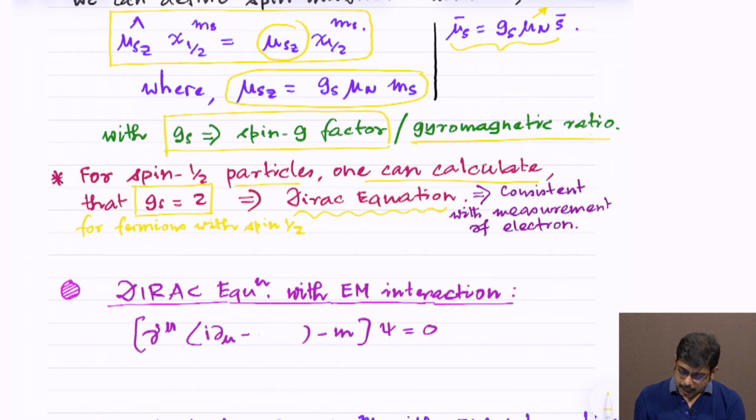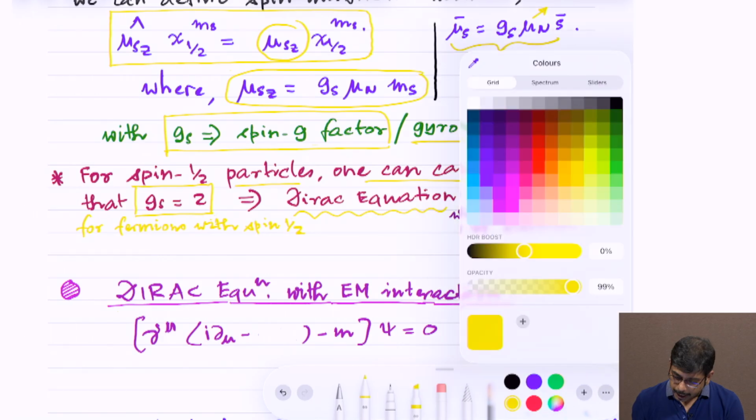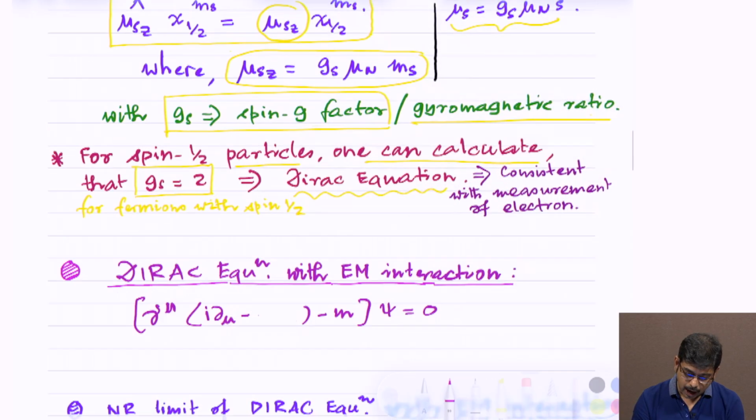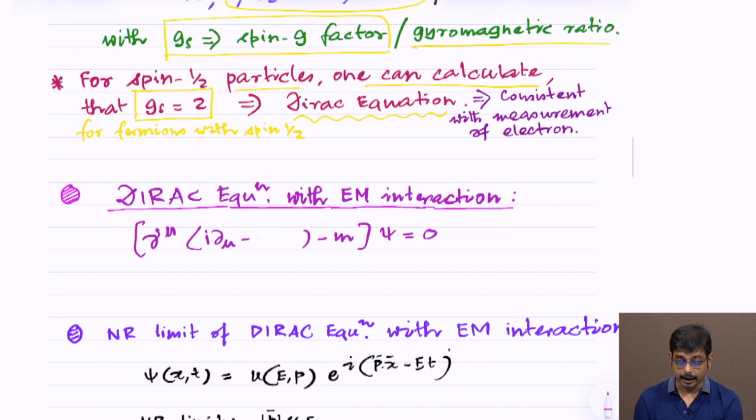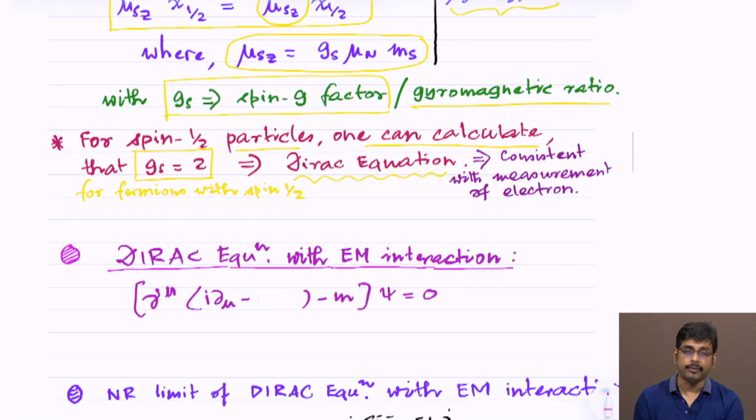In order to do that, we will go back to the Dirac equation and see how exactly we can write the Dirac equation with the electromagnetic interaction. Just the free equation won't do, because we need the interaction with the photon in order to actually find this spin g factor.